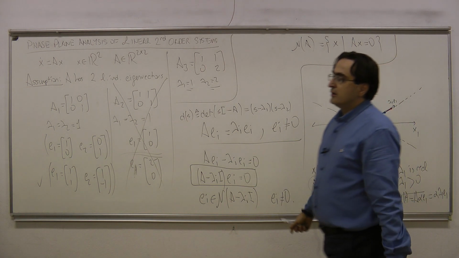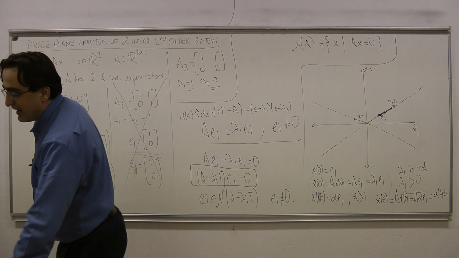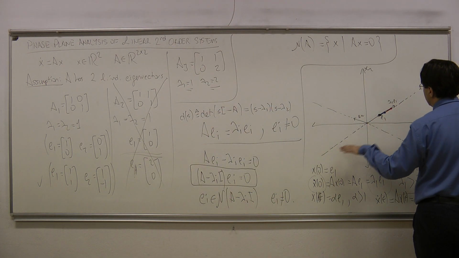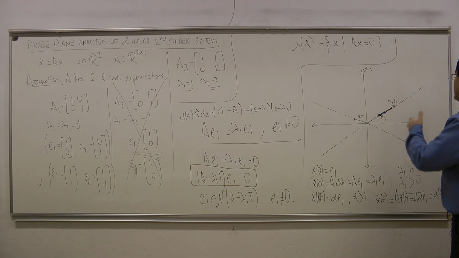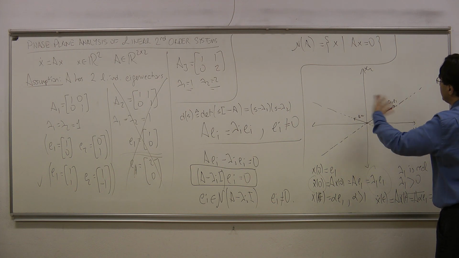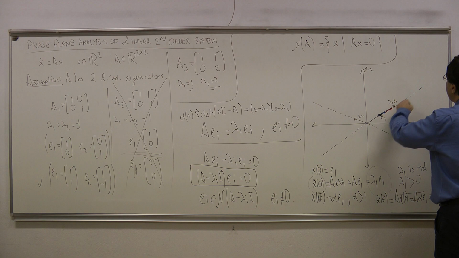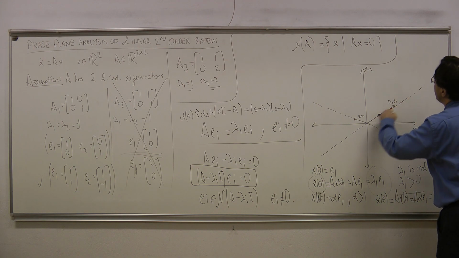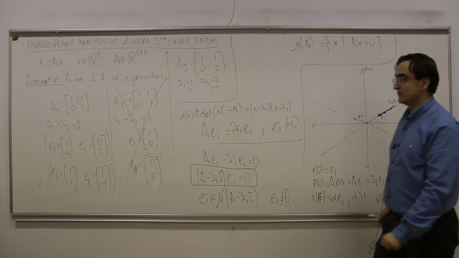But that point has to be again on the same line as the eigenvector. So however long we increase the time interval, the state will always remain on this line for all time instants.